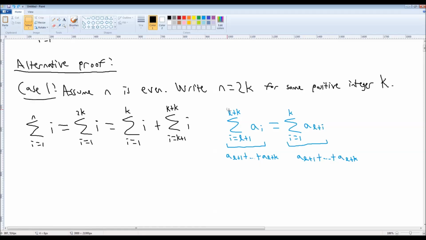So, I wrote L here, but if we let this k be L in this formula, we can rewrite this as something that looks more like this.